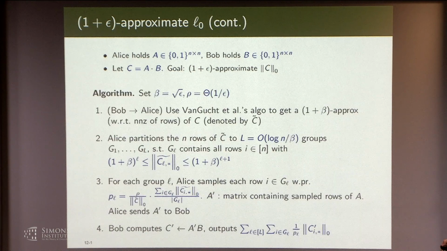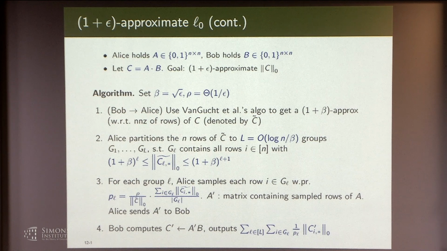So this is the actual implementation. We have two parameters: beta, which we set to be square root epsilon, where epsilon is the approximation factor, and rho, which we set to be 1 over epsilon. Let's assume that communication starts from Bob.